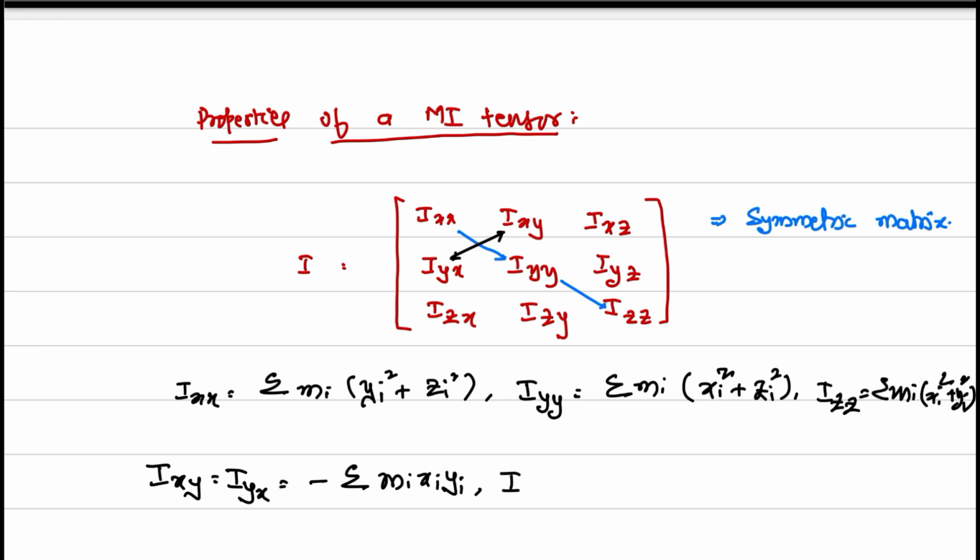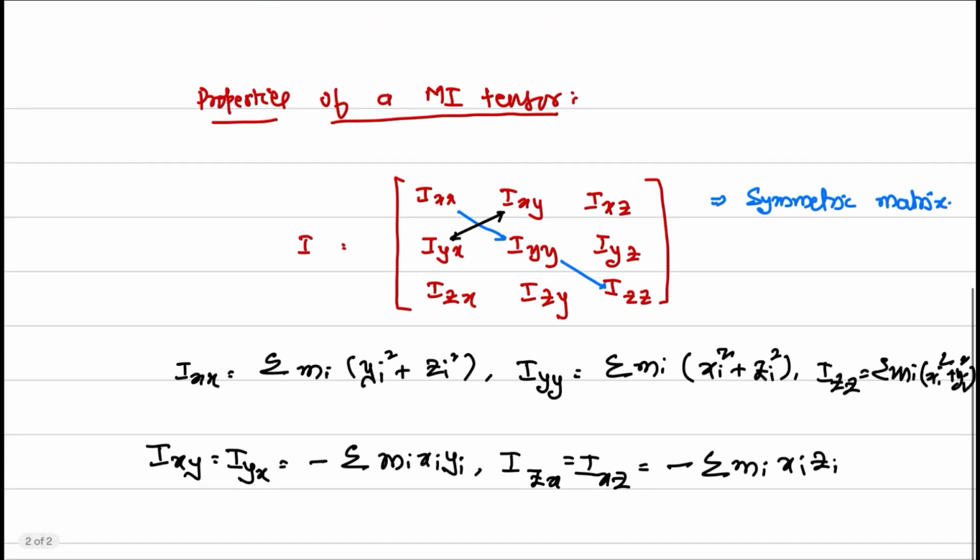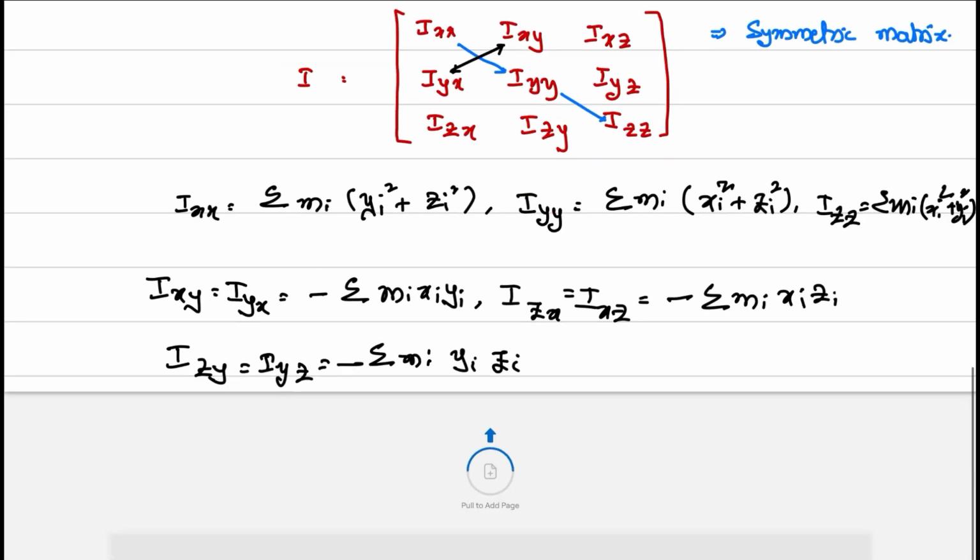Izx and Ixz are same because of the symmetry, minus sigma mi into xi zi. Then next is Izy and Iyz are same. Izy is equal to Iyz, that is equal to minus sigma mi yi zi. Now we have defined the components in the moment of inertia tensor.